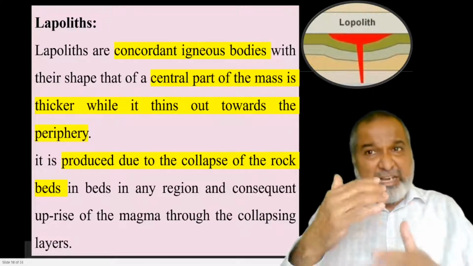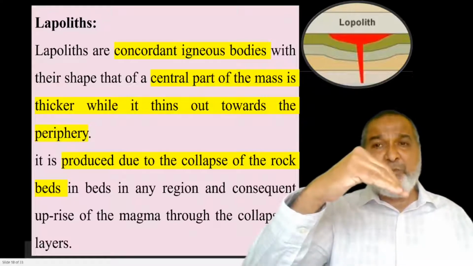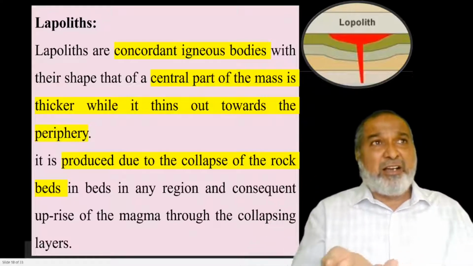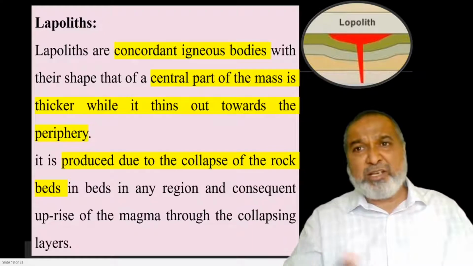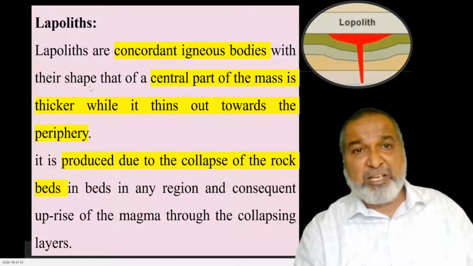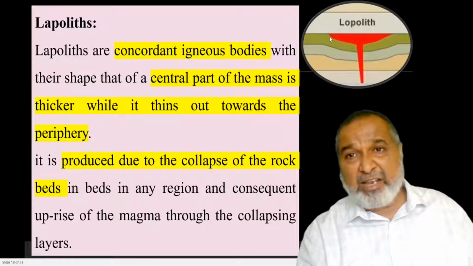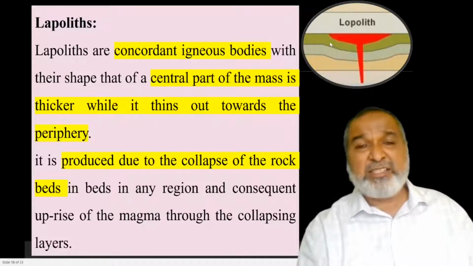Somewhat exactly the reverse of that. In the earlier one, we saw a dome-like feature. Now here it is a basin or saucer-like structure. So lopoliths are concordant bodies. In their shape, the central part of the mass is thicker, while it is thinner towards the edges. It is like a syncline. Earlier we had the anticline; lopoliths are a syncline.